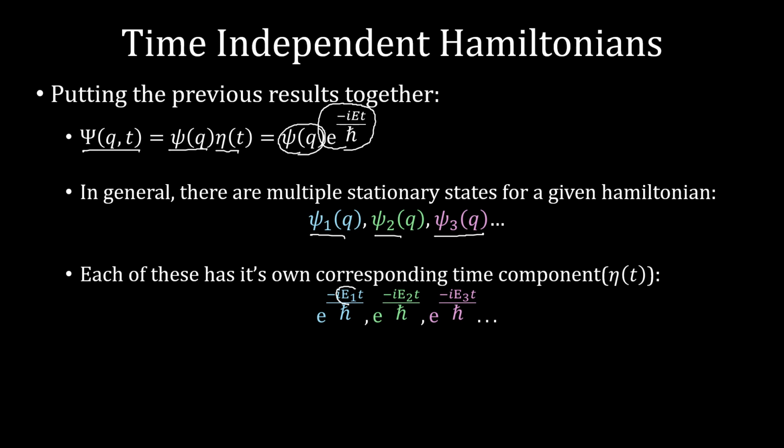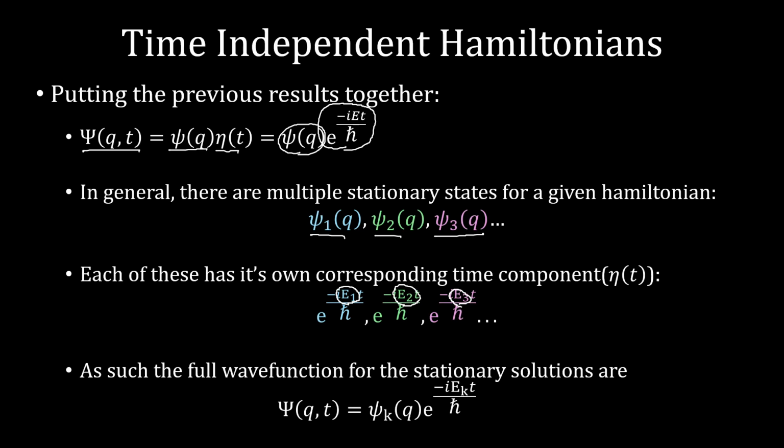We have E1, the energy of the first stationary state, E2 for the second stationary state, and E3 for the third, and so on. That means for the wave function of a particular stationary state, we're going to want to index it by k. So psi k of q and t is going to be equal to psi k of q times e to the negative i E k t over h bar. Again, k is just the index for the stationary solution.